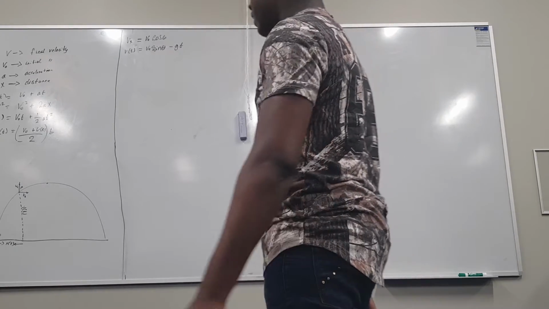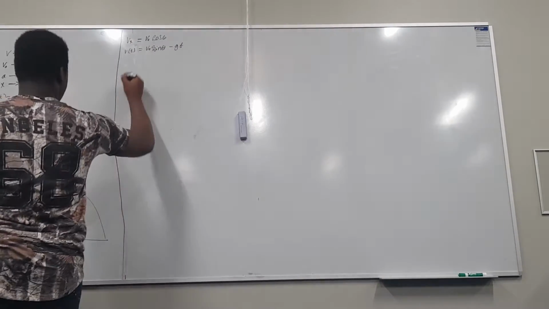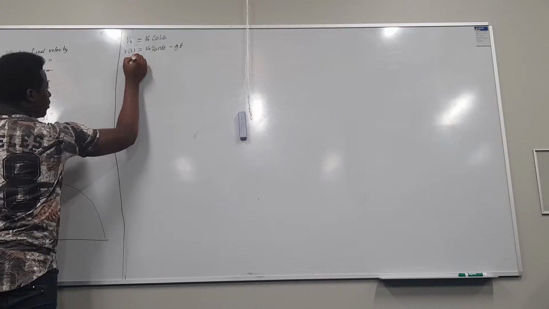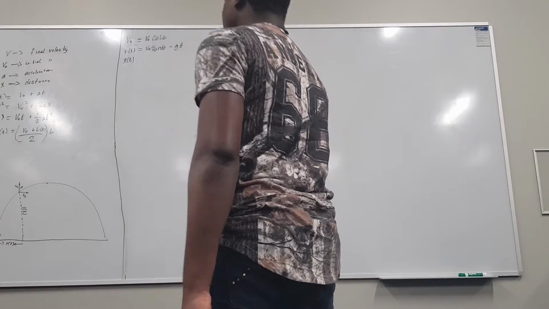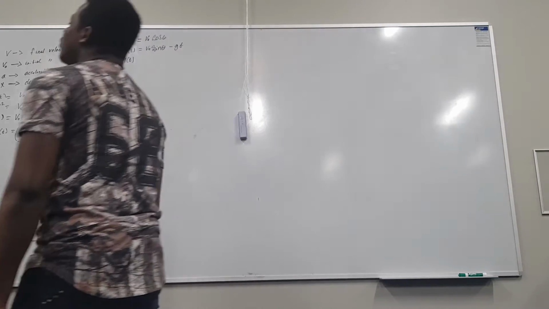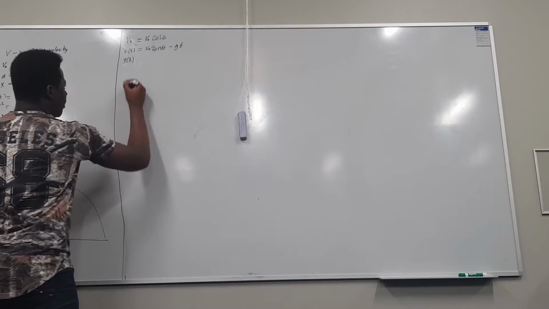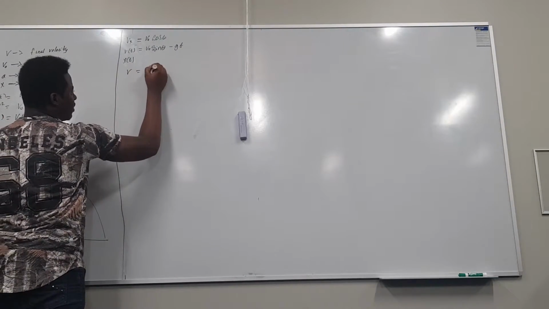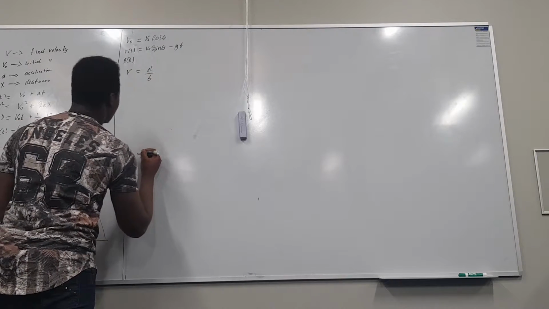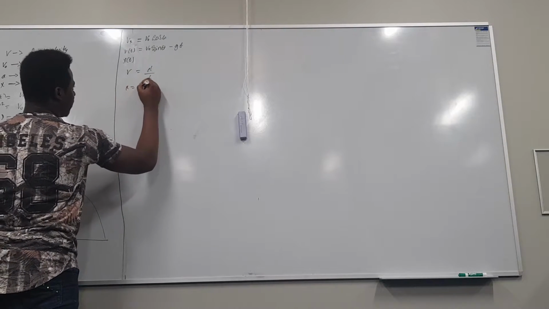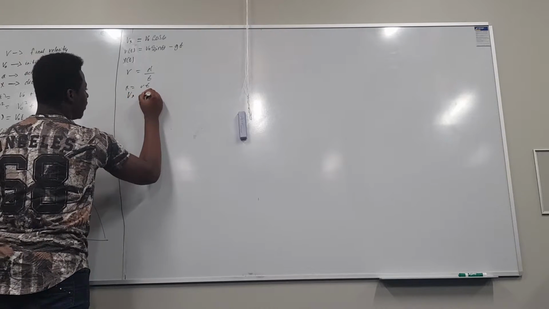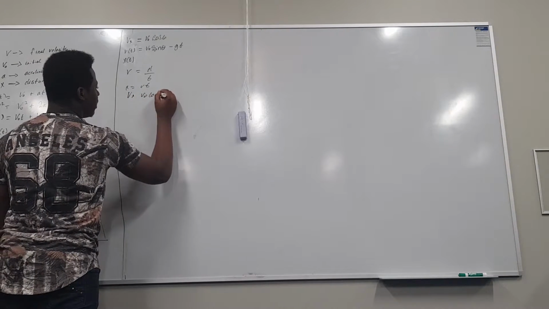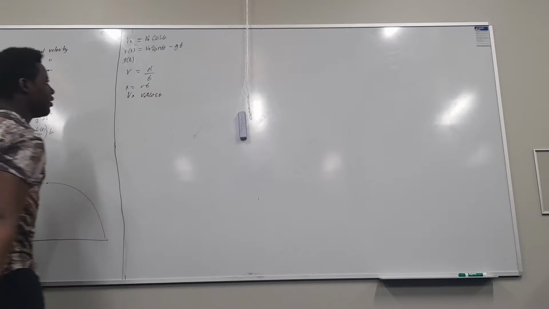Now we're trying to find x of t, which is the horizontal displacement, the horizontal distance traveled. If you say velocity equals distance divided by time, you see that distance equals velocity times time, hence vx is equal to v naught cos theta times time, right?